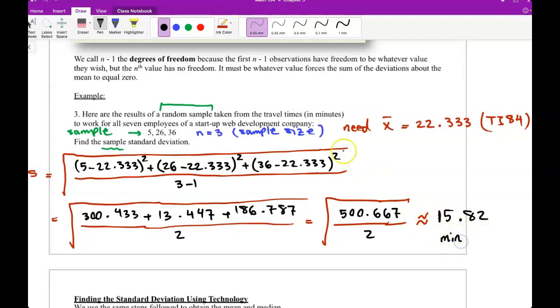And it's in minutes. This is sample standard deviation.